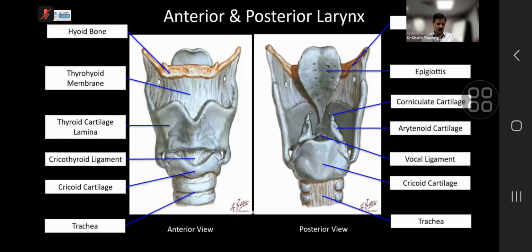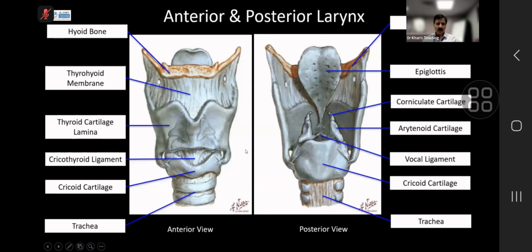Now, please concentrate. So we have come to the larynx, the main part of our session today. And you have to now really concentrate, and what we have learned in the pharynx, we will combine it together and then consolidate it. If you want to understand the larynx, first of all, you have to understand the endoskeleton or the framework of the larynx.